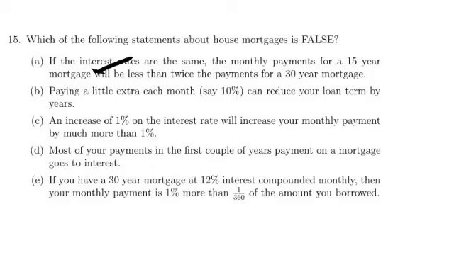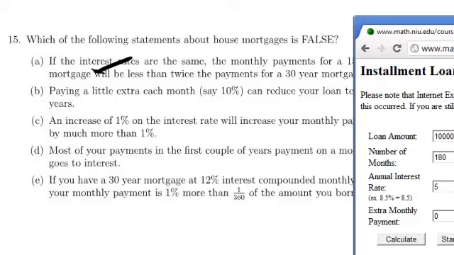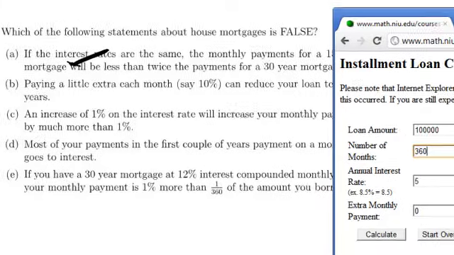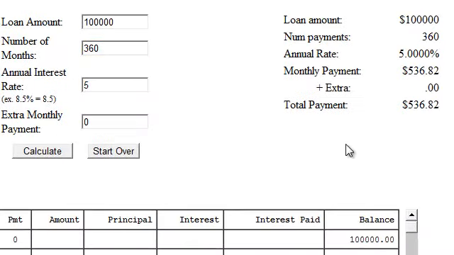Let's put a little check mark at A. Next: paying a little extra per month, say 10%, can reduce your loan term by years. Let's go back to that 30-year loan, which is $536, and pay 10% extra, which is about $54.